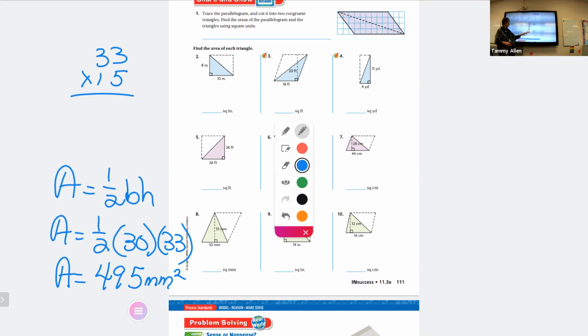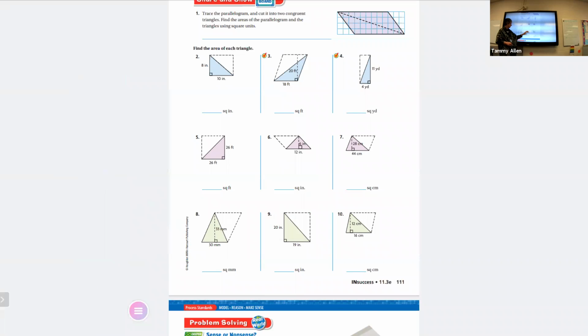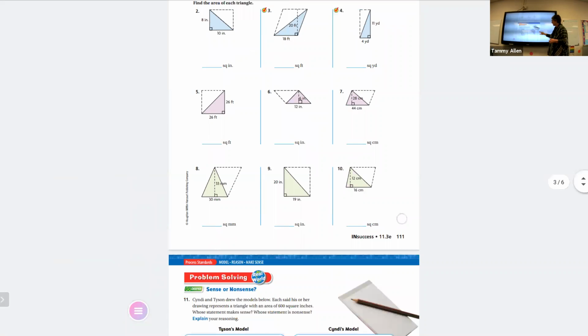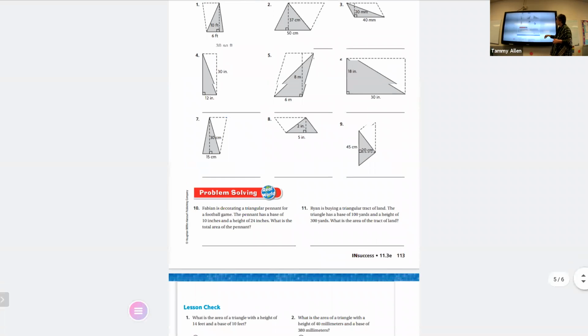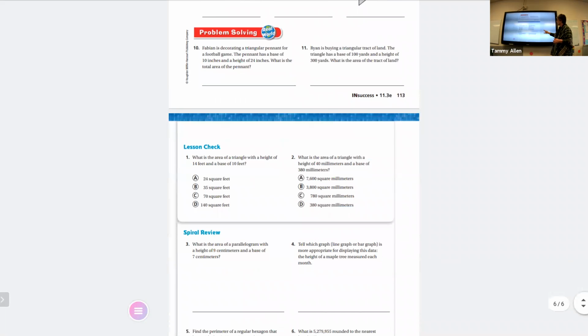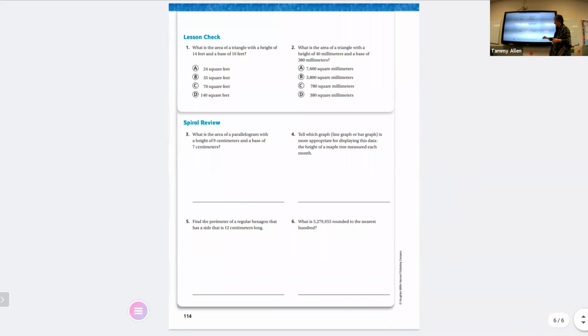So again, all the stuff that we've worked on throughout the year of evaluating an expression, where we substitute numbers in for variables and we simplify, falls right into play with using our formulas here. More of the same. Okay, questions on that?